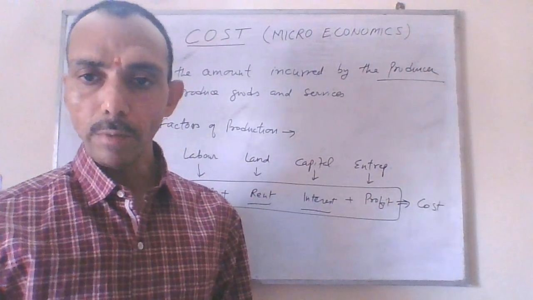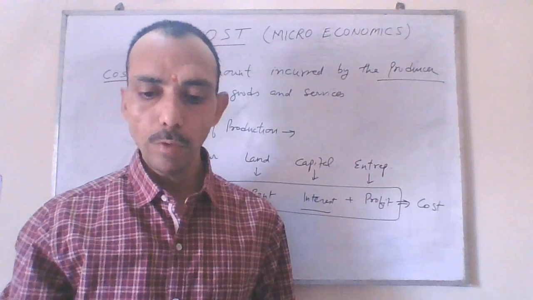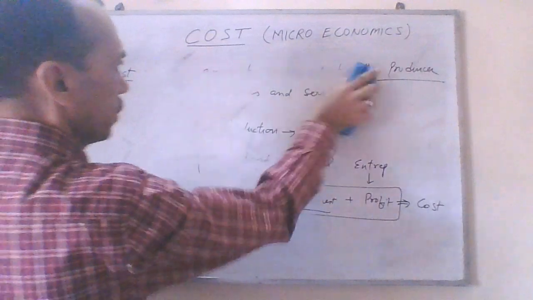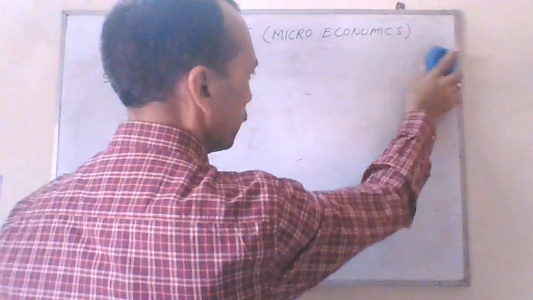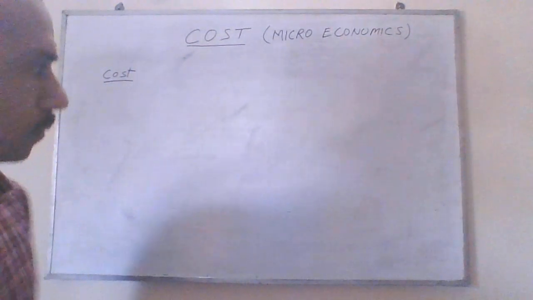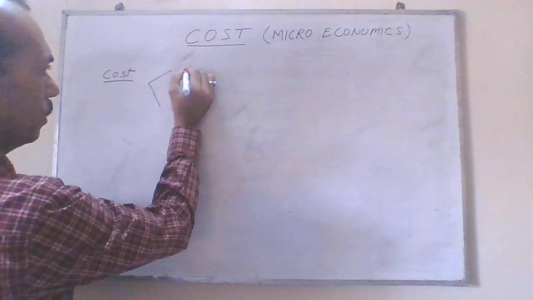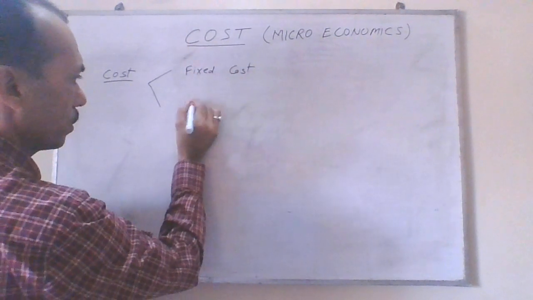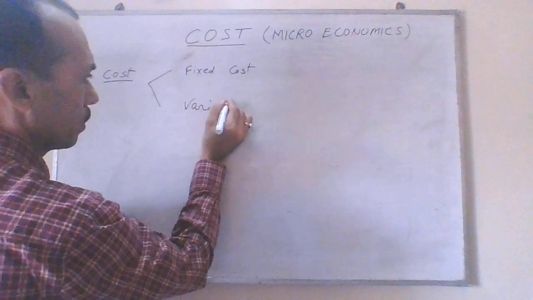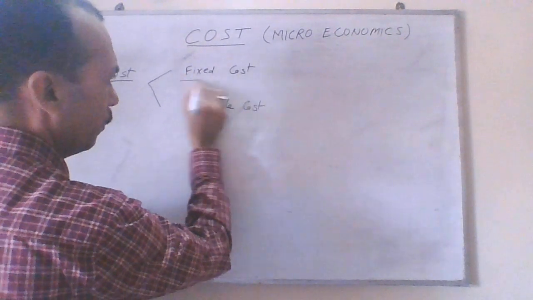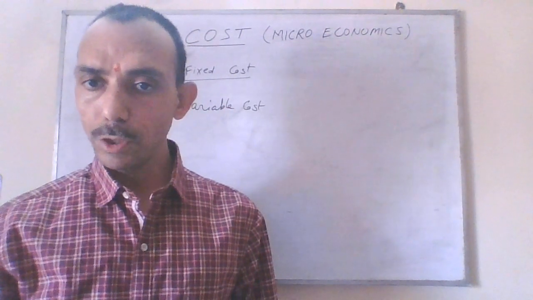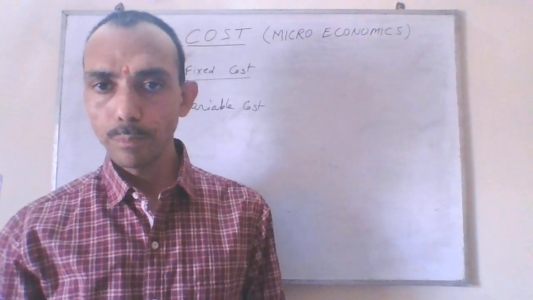Further, the cost can be divided into two parts, fixed cost and variable cost. Fixed cost is the amount which remains unchanged due to change in the volume of output.